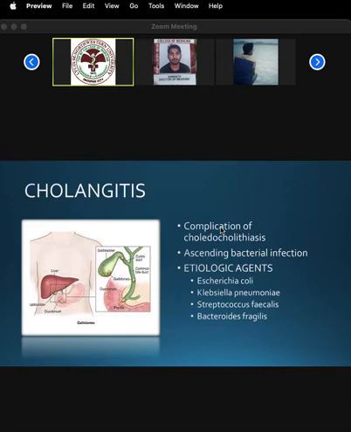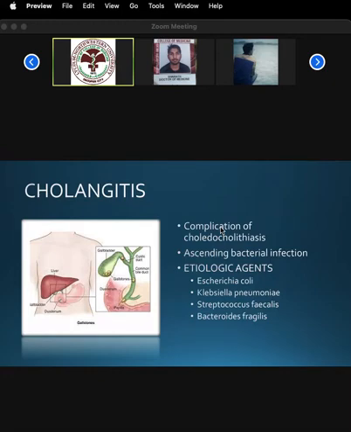Plus, because of the stagnation of the bile, bacterial contamination sets in. And then this bile, of course, refluxes and regurgitates and enters into the enterohepatic circulation via the portal vein, and then it spreads systemically, producing a systemic infection in the form of cholangitis.